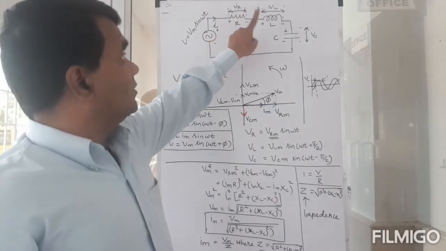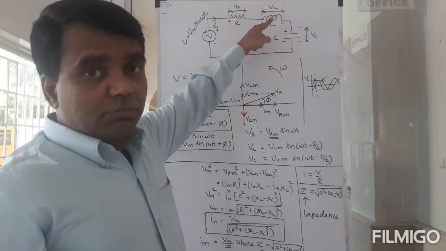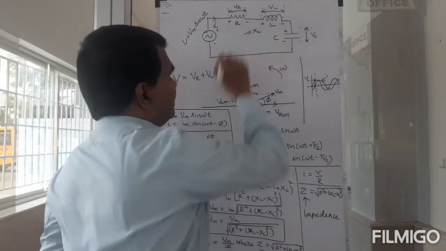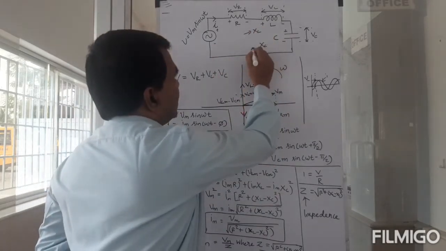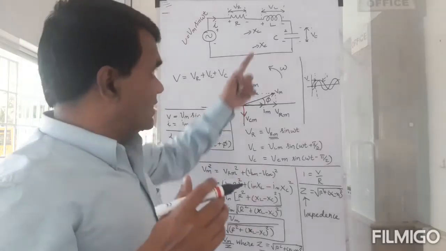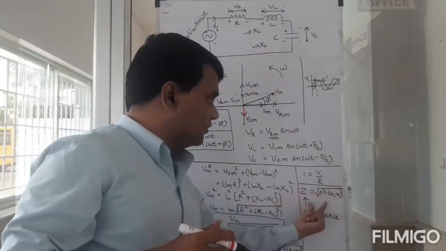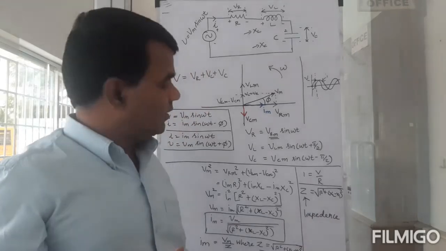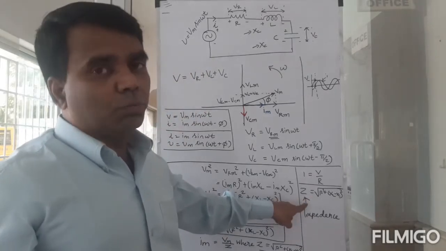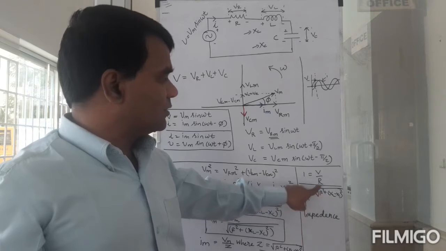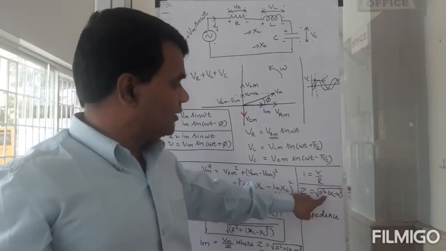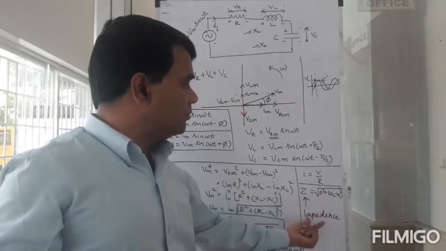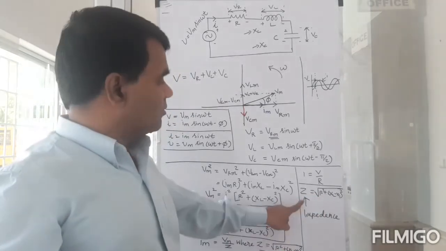This is resistance, this is the XL part of that, and this XL part of it is called as inductive reactance, and the XC part of it is called as the capacitive reactance, and these things together will be called as impedance. And the unit of impedance is also ohm. Why? You are squaring it and taking square root of it. So R squared, square root will be R again. So the unit of Z will be ohm. This is called as impedance.